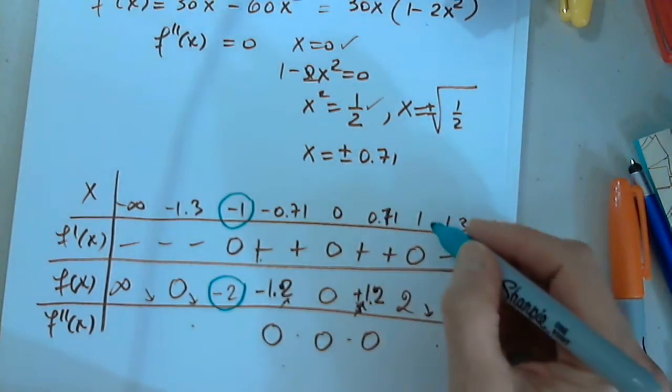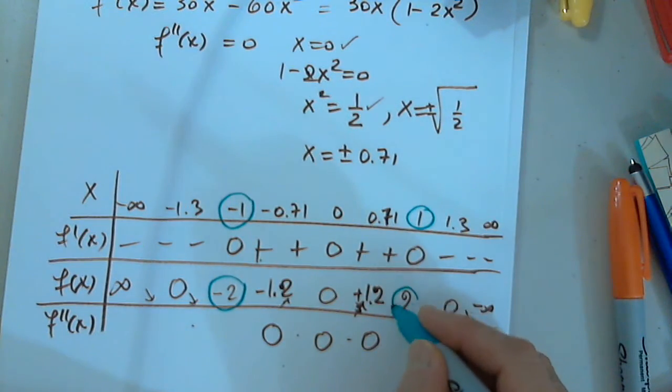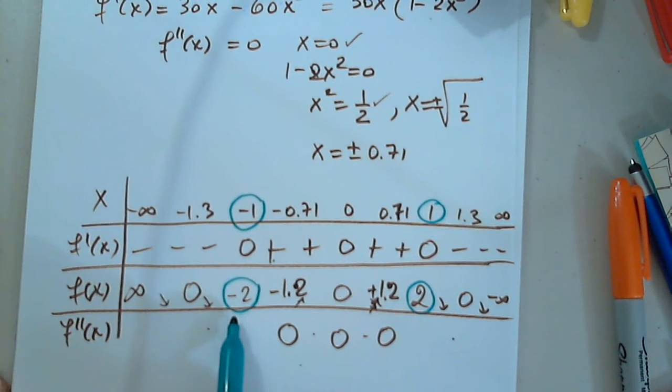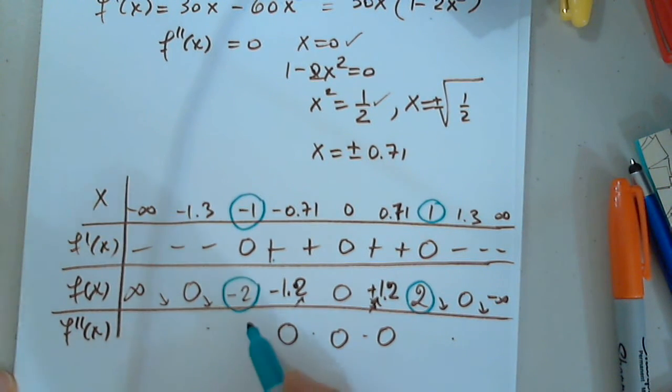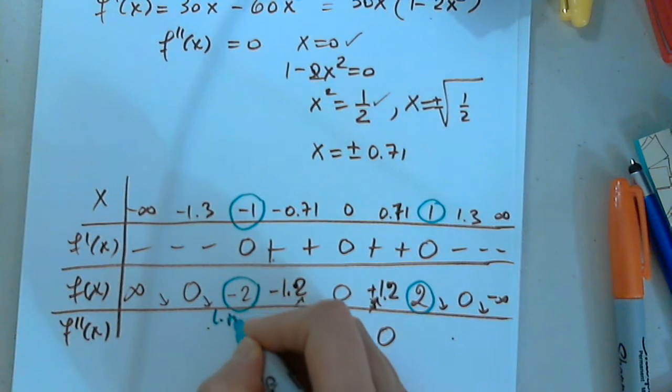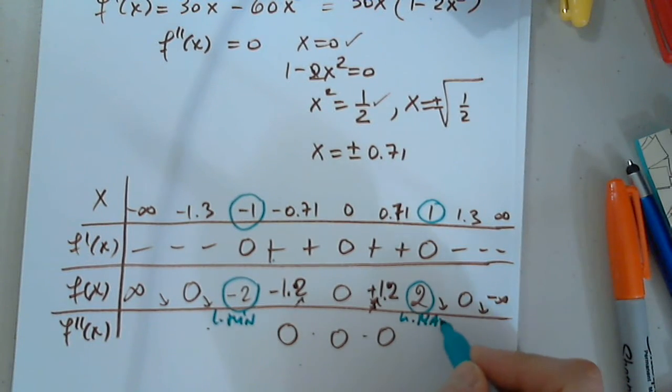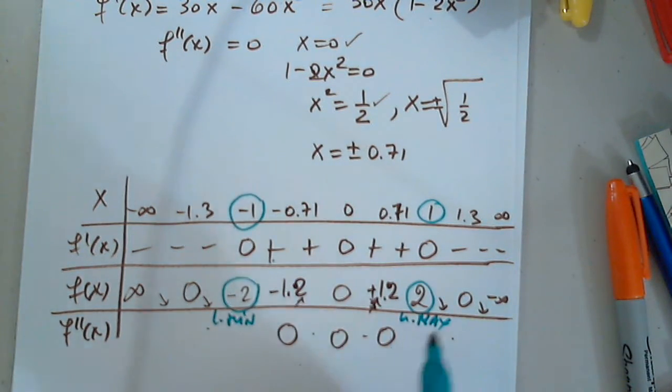Let's identify it. Very good. Local min. And what type of point is 1, 2? Very good. Perfect. So we established that. Of course, the rest are the x-intercepts.